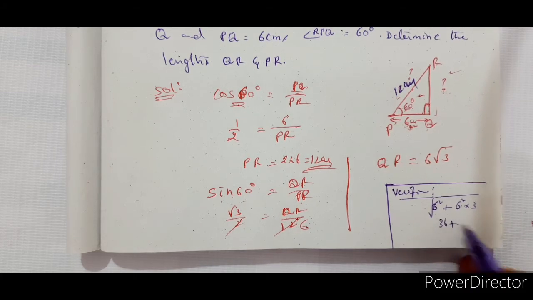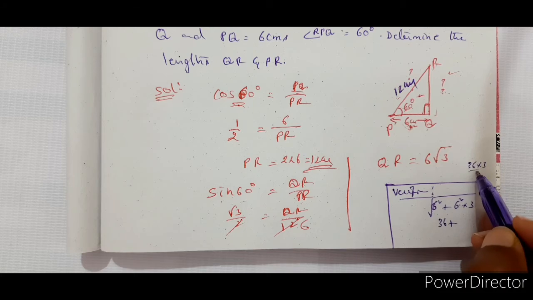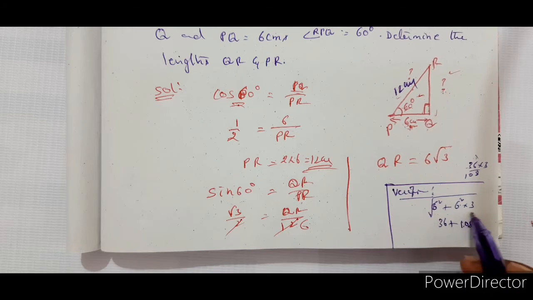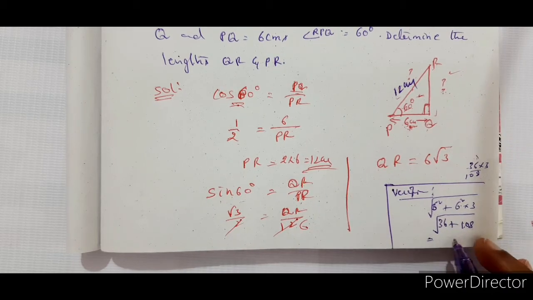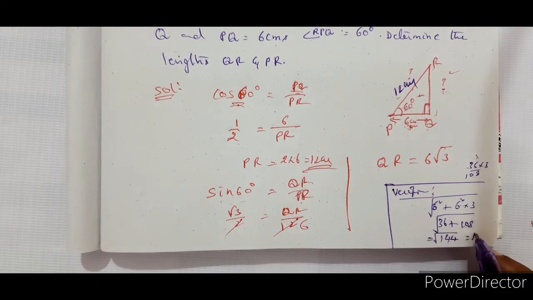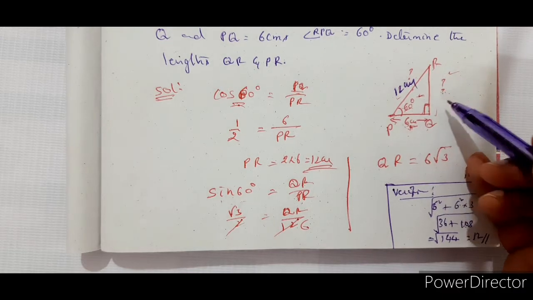So 36 plus 36 into 3. 36 into 3, 3 sixes are 18, 3 threes are 9, 9 plus 1, 10, so 108. So 108 plus 36, 144 under root, which is equal to 12. Fantastic. So whatever we got here is correct.